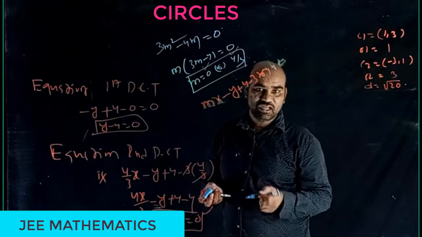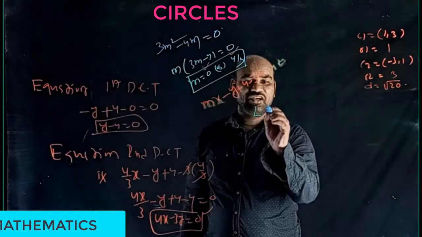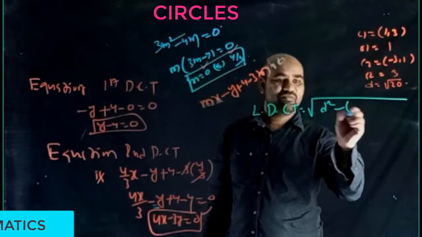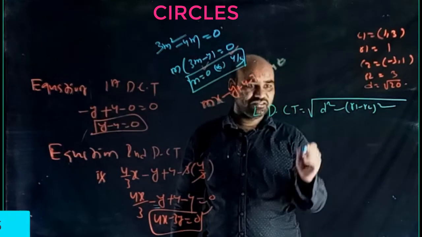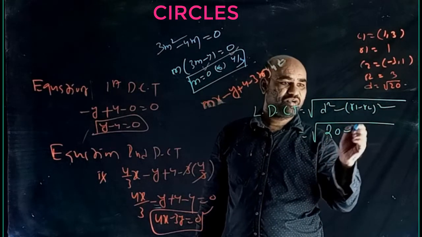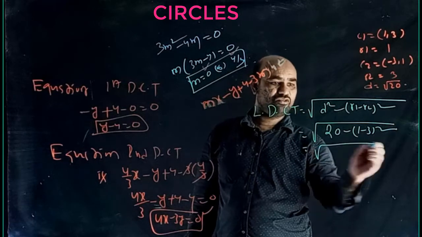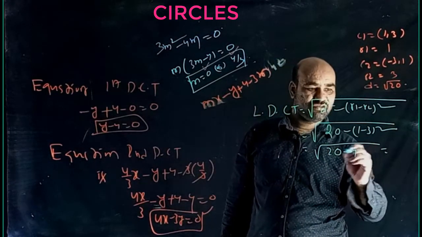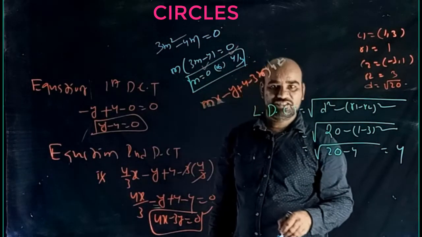In this question you also want to find the length of common tangents. Length of the direct common tangent: the direct formula is root over d square minus (r1 minus r2) whole square. Here d square is 20, so root over 20 minus (1 minus 3) square, that is root over 20 minus 4, which equals 4. The length of the direct common tangent is 4 units.